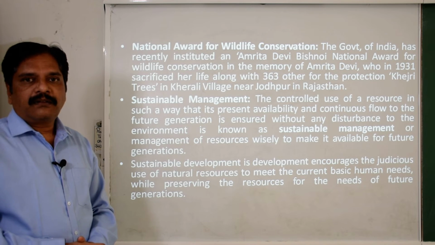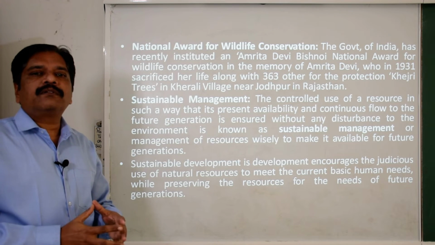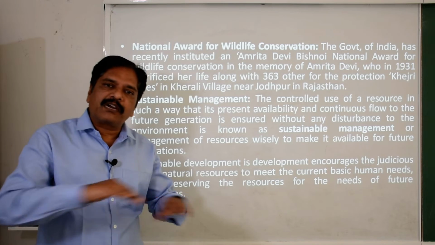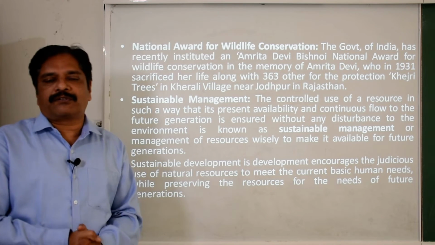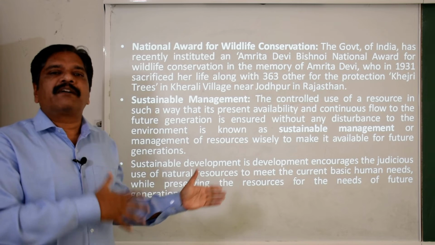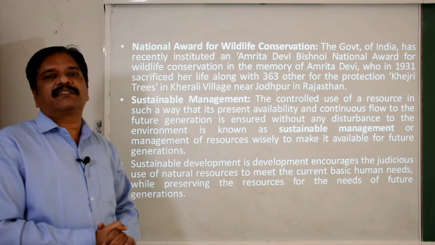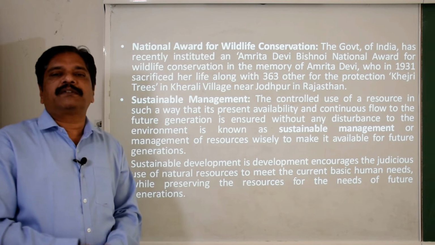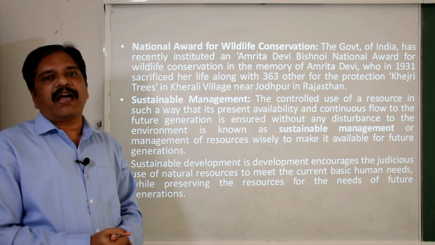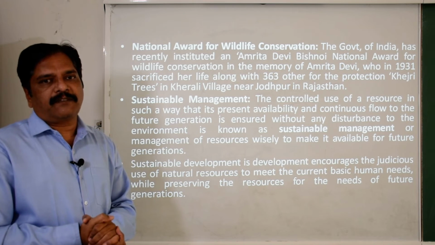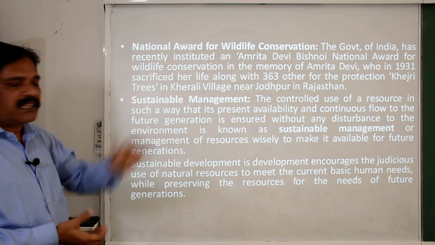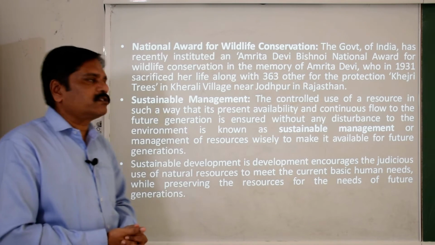See that: in British rule, when the government wanted to cut and destroy the forest, this lady came along with 363 other villagers to sacrifice their lives and protect these trees. So these are examples which can motivate others too.